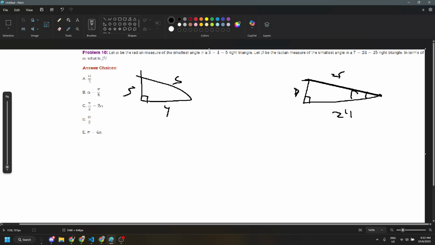So this is beta, and then as you can see here, this will be alpha. I'll make this a straight line too.